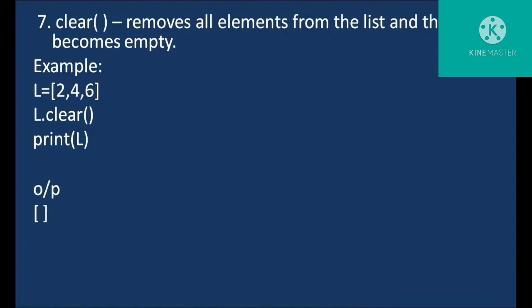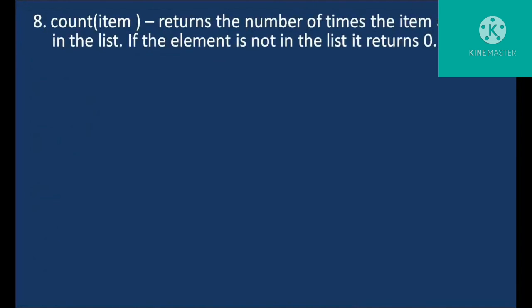Okay, then comes the function count. If you want to know how many times a particular item exists in the list, in that scenario you make use of a function called count. If the item that you specified doesn't exist in the list, it returns the value 0. It returns the number of times the item appears in the list.